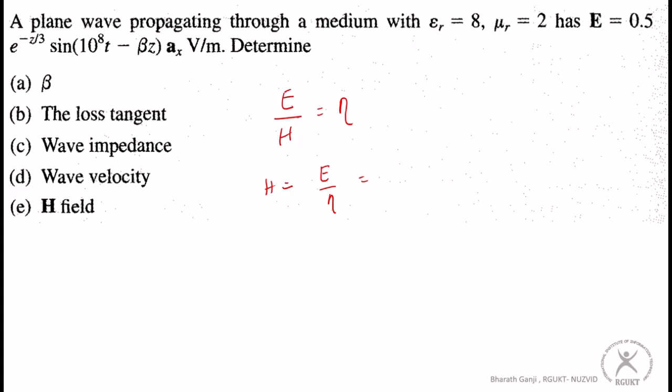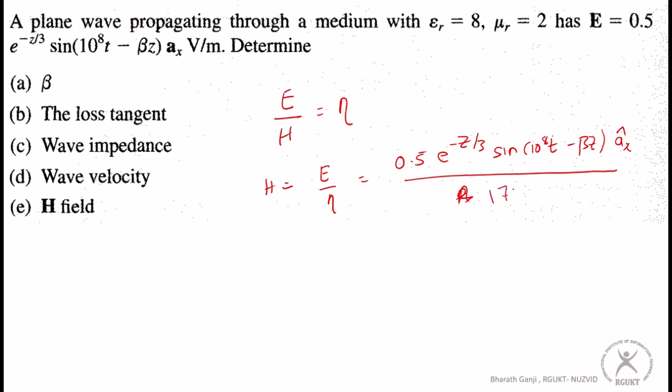I have the electric field expression, so it is 0.5 e power minus z by 3 sin of 10 to the power of 8 t minus beta z ax cap, divided by eta. I got the answer for eta, like 117.72 at an angle 13.63.